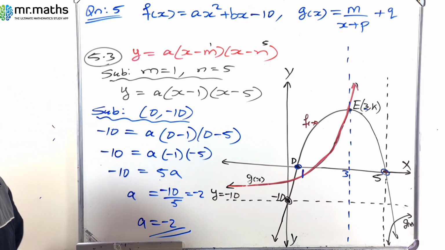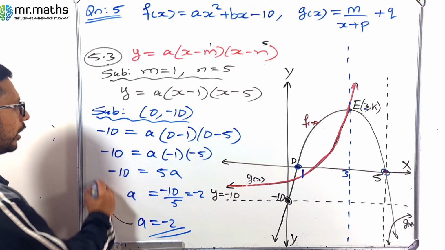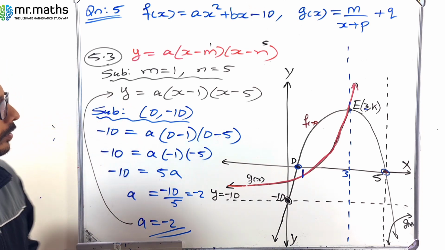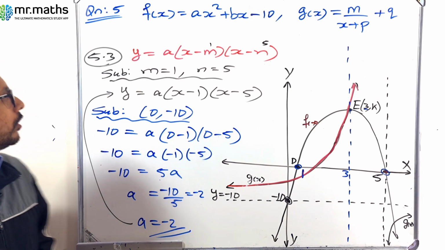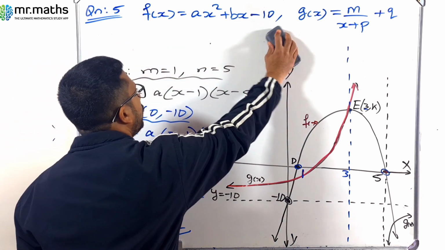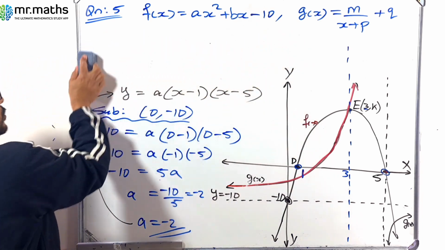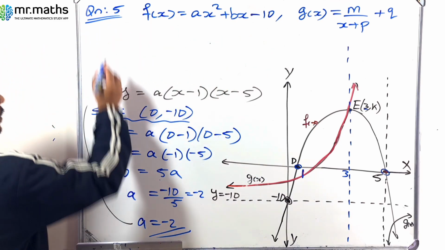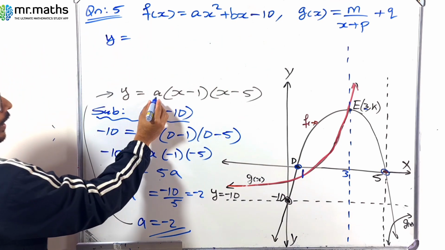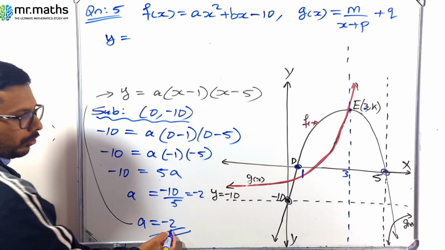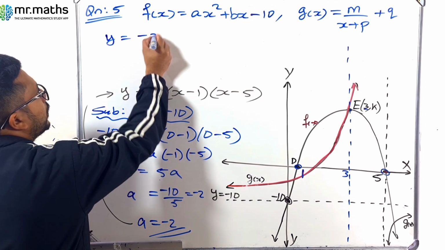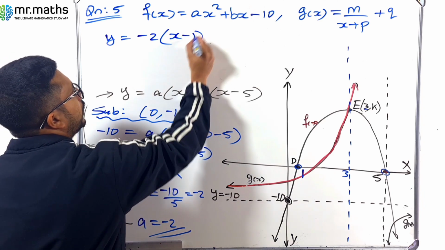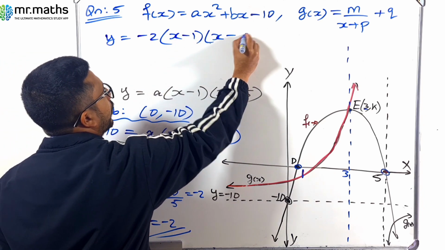So now what you have to do? You have to substitute this value of a in this equation: y is equal to a into x minus 1 into x minus 5. So let's substitute in that equation now. We got a as minus 2. So y is equal to minus 2 into x minus 1 into x minus 5.